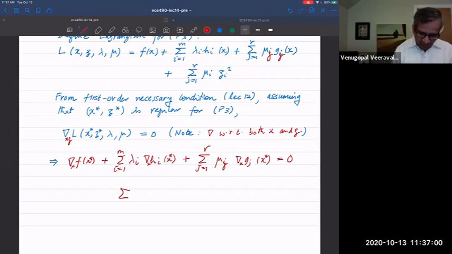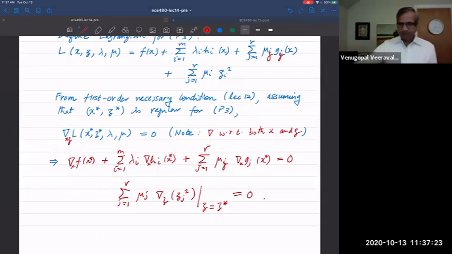So I'll get summation j equal to 1 to r mu j gradient with respect to z of zj squared at z star. Everyone see that?